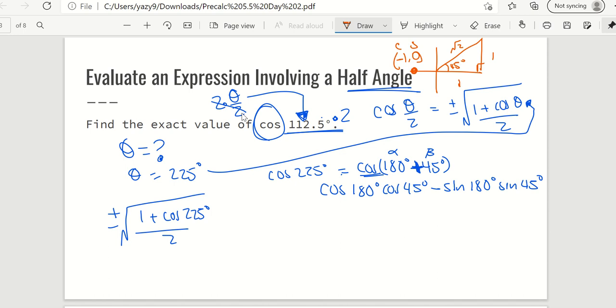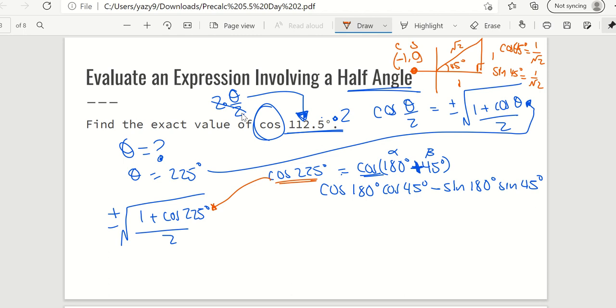And so it's easy to get the sine and cosine for that. The cosine of 45 is adjacent over hypotenuse, and our sine of 45 is equal to opposite over hypotenuse, which is 1 over radical 2.